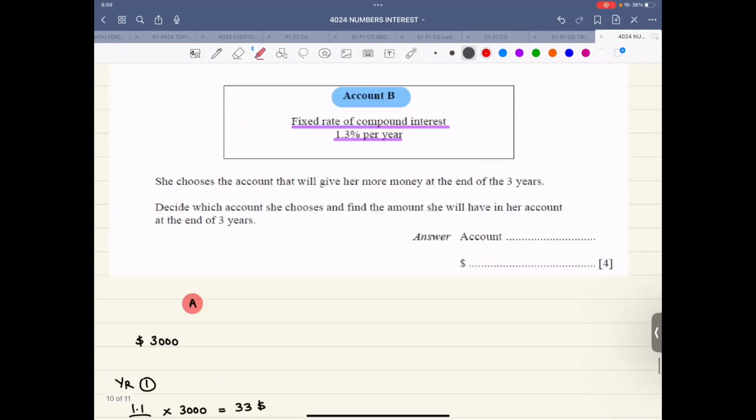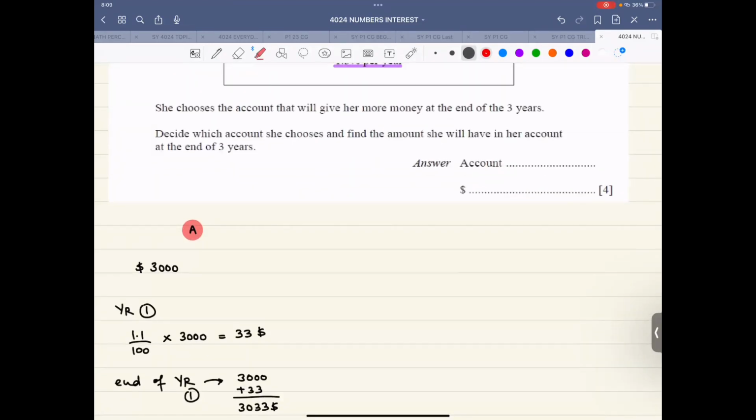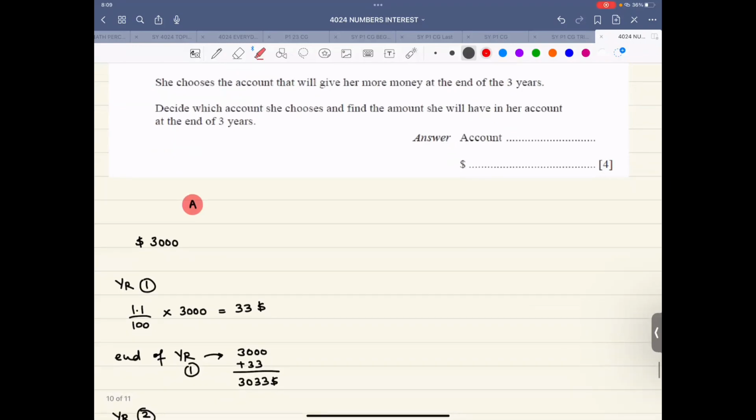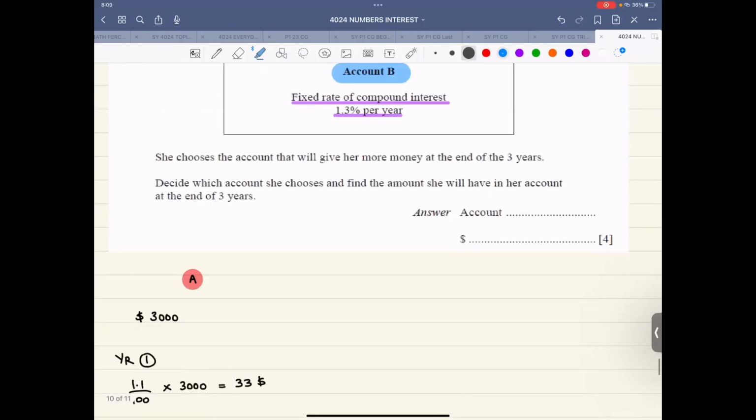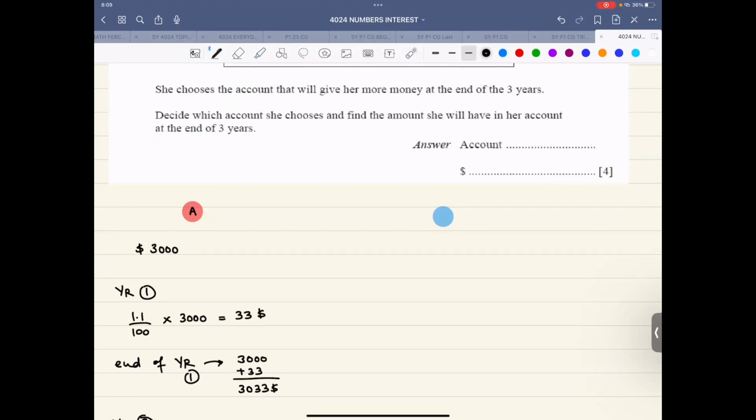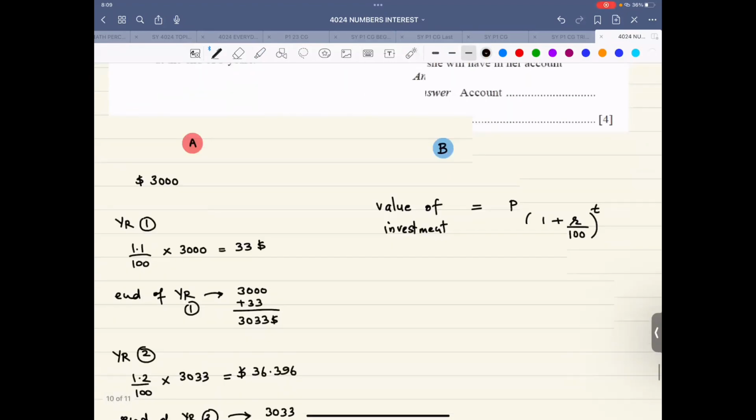Now, let's focus on the other option, that is account B over here. Account B is a simple usage of the compound interest formula. So value of investment equals P times (1 plus R over 100) raised to the power of N or raised to the power of T. So what is P?